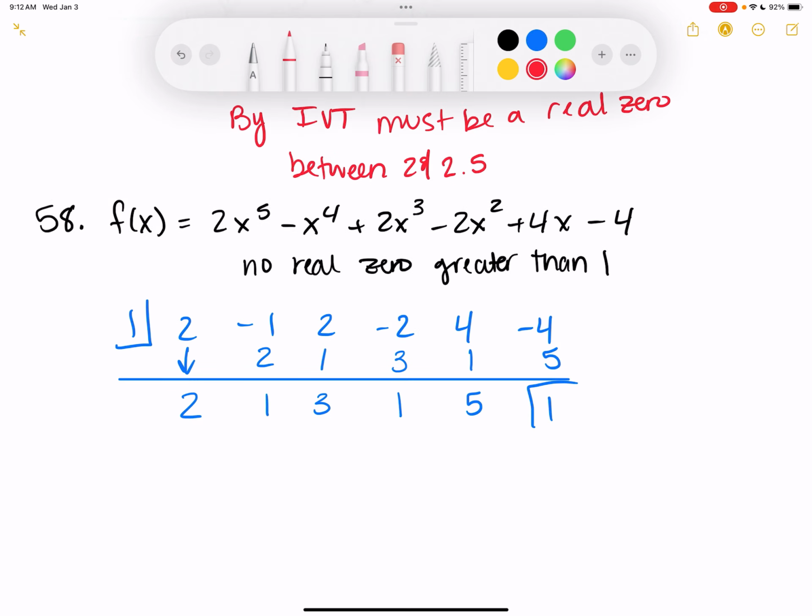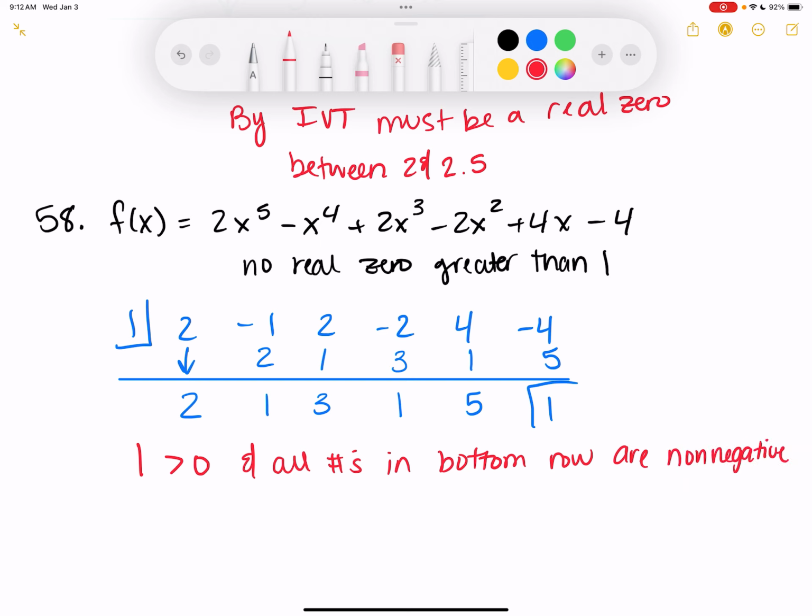So since 1 is greater than 0, and all the numbers in the bottom row are non-negative, there is no real zero greater than 1.